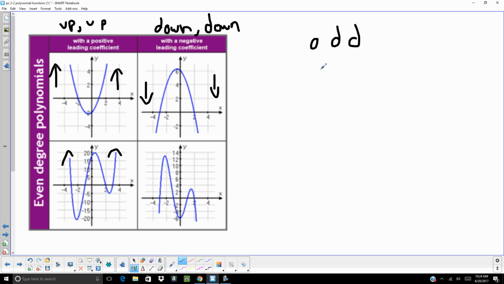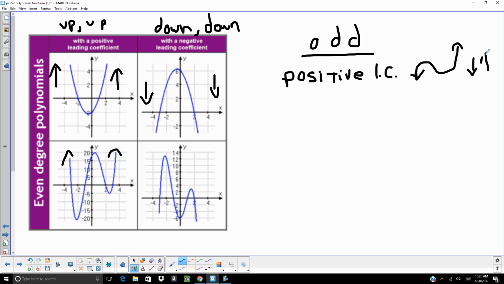So if I've got an odd degree, so that means my exponent is 3, 5, and I've got a positive leading coefficient, my graph is going to be down, up. So down, up.